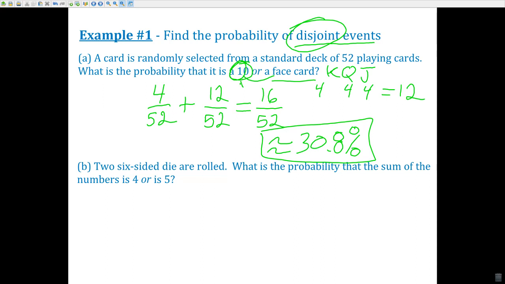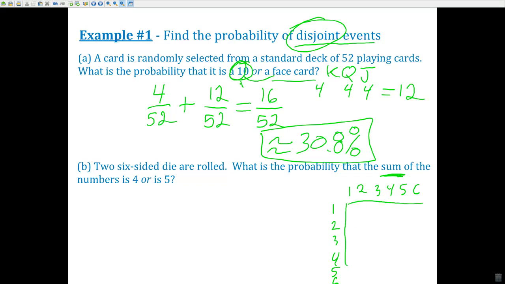Disappointing. All right, two 6-sided dice are rolled. What is the probability that the sum of the numbers is 4 or is 5? Well, what are the chances? How many chances are there that we roll a sum of 2 dice? We found that when we did that whole chart over here, right?